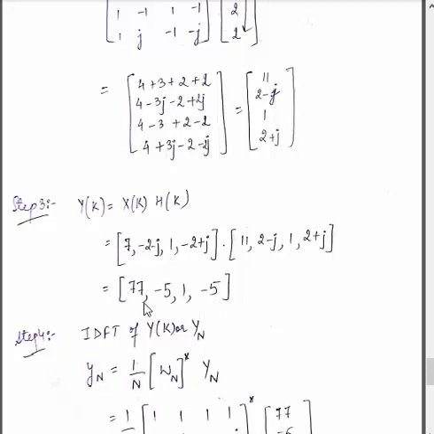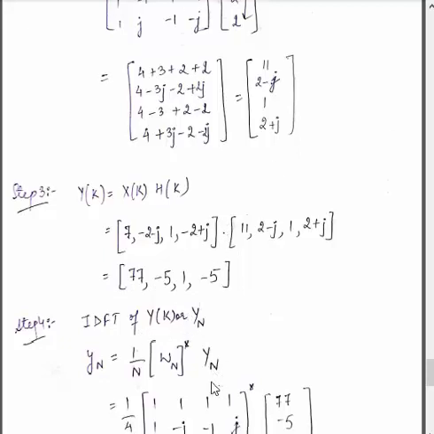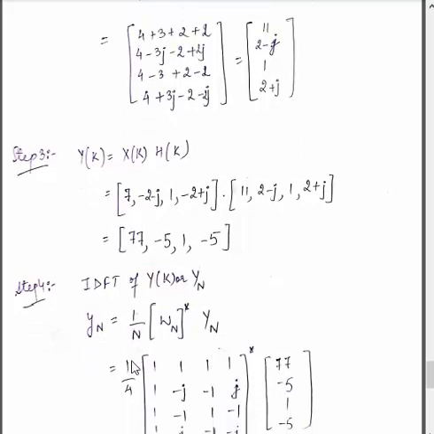Now the last step is to find out the IDFT of this Y of k, that is y of n. We already know the formula of IDFT, that is y of n is equal to 1 divided by N, twiddle factor conjugate Y of k. Capital N is 4, so it becomes 1 by 4.